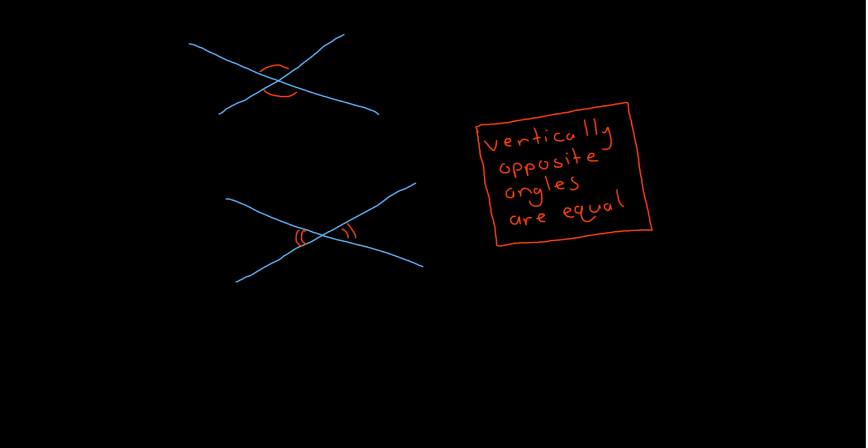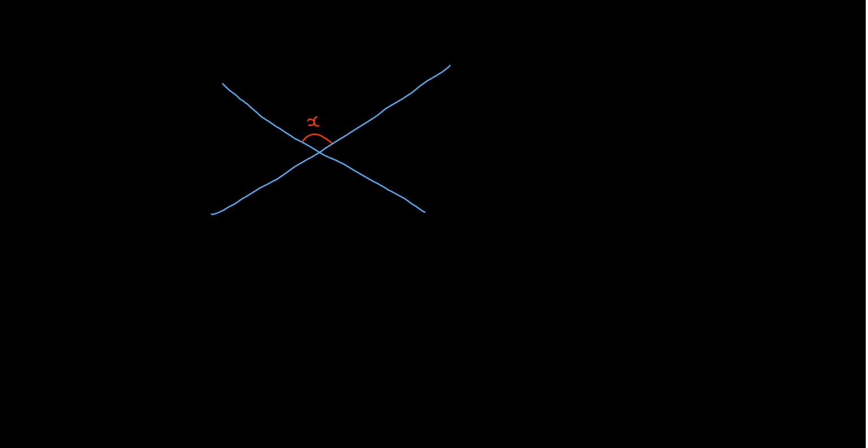Now let's have a look at why vertically opposite angles are equal. I've got an angle here, x, and the first thing I'm going to say is this angle here must equal 180 minus x, because these two here are on a straight line. But now that I know that, I'm going to work out these two angles here.